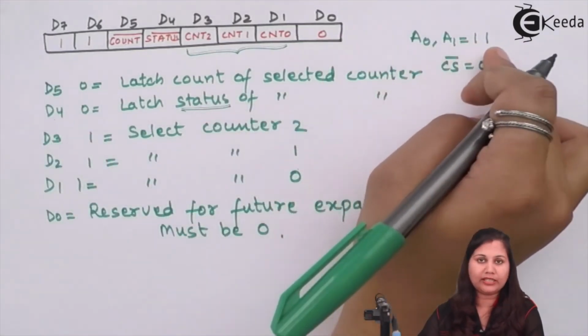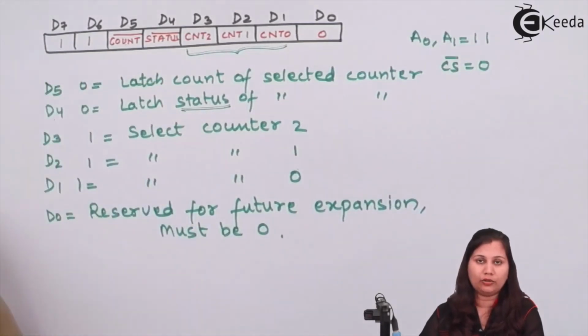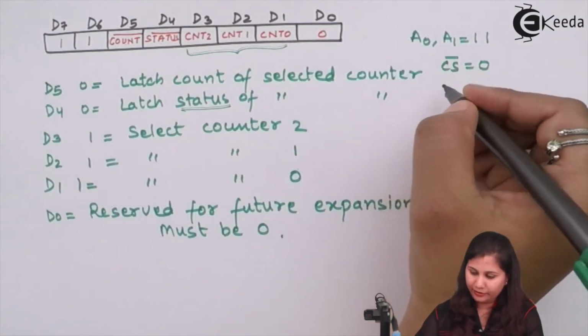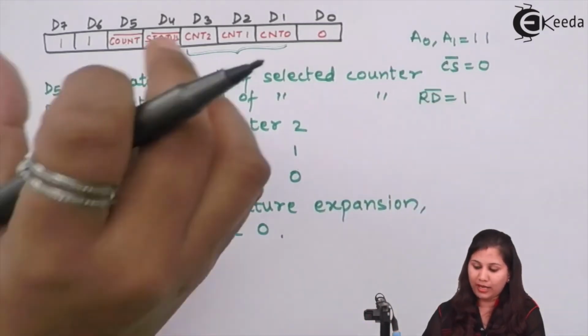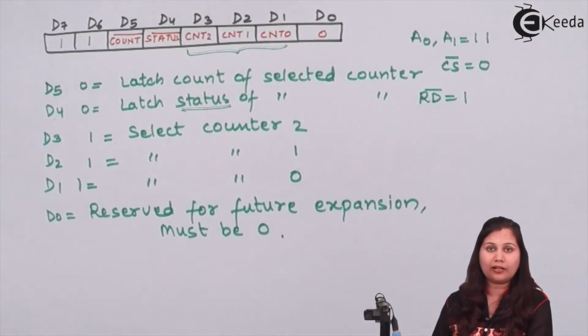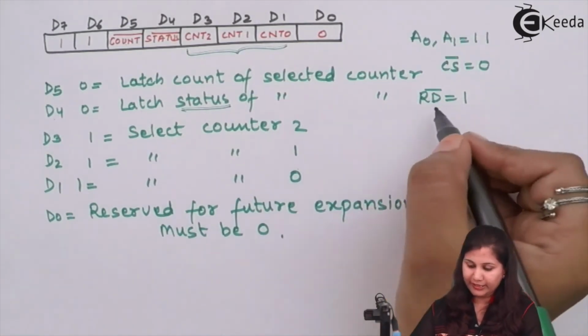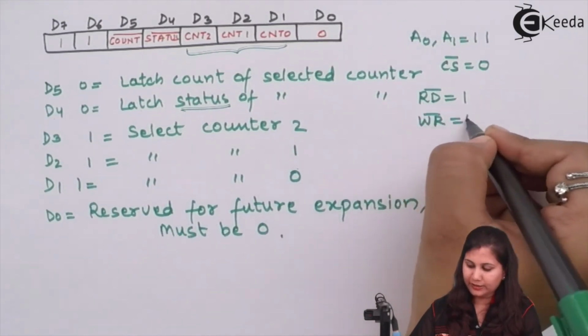A0 and A1 are at 1 1, so that this control word can be loaded into it. And then the read signal is 1, because this is the read back control command. So the read signal is 1 and the write signal is 0.